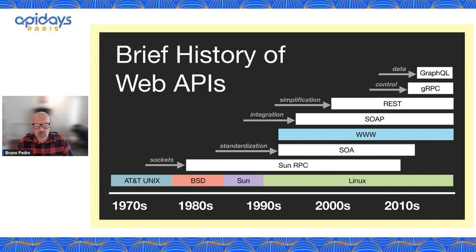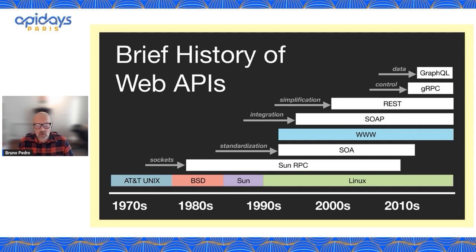So the way to build APIs became more controllable, not as simple or as ad hoc as before with REST, and the way you control the data that is shared became much, much better. Both gRPC and GraphQL are being used heavily today, as well as REST and still SOAP to some extent.